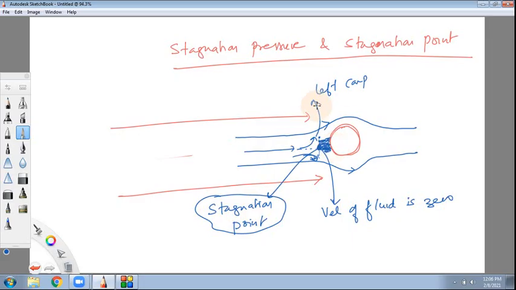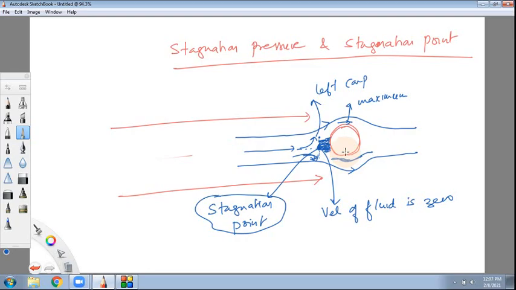And on the other hand, here the fluid velocity is maximum, at the sides of the cylinder. So the fluid which is directly coming towards the cylinder will stop. There is a stagnation point, and at the sides the fluid flow is more, the fluid velocity is more.